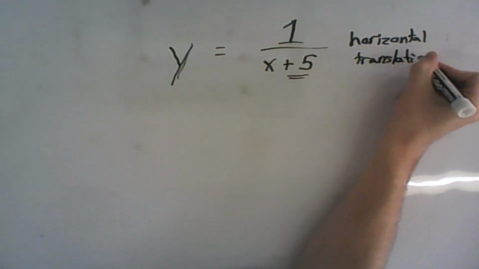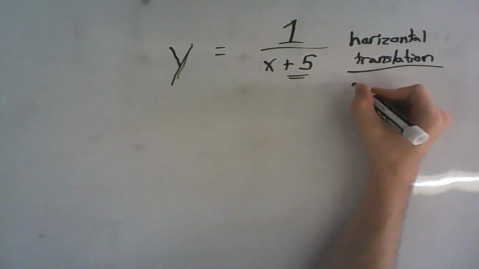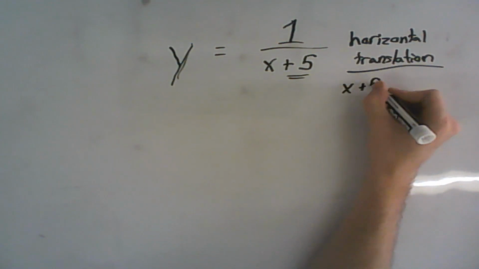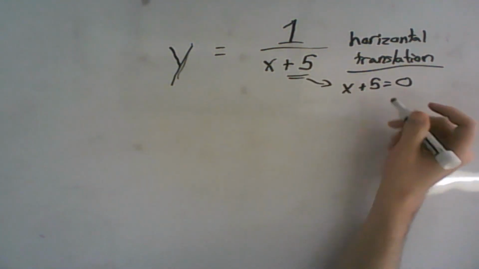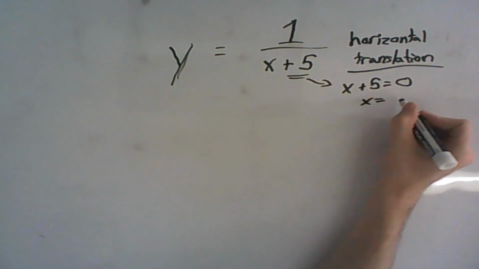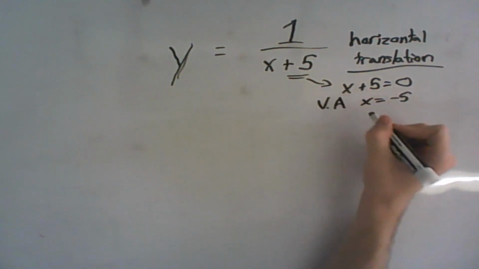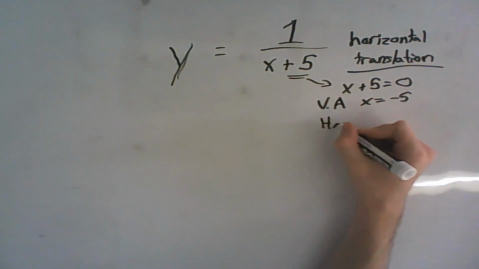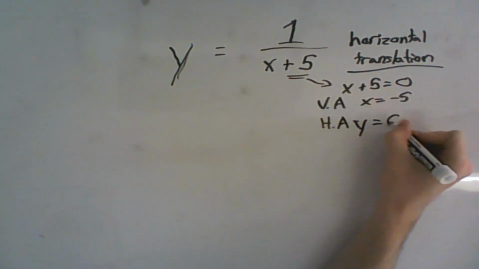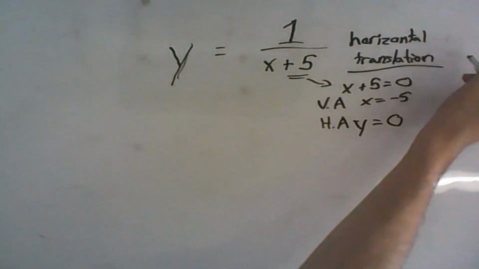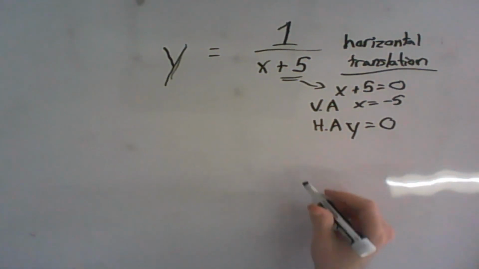That means we moved over. So to find our vertical asymptote, x plus 5 equals 0, so we just set this equal to 0, and then we get x equals negative 5. So this is our vertical asymptote. Our horizontal asymptote is y equals 0, because we didn't add anything on the outside.